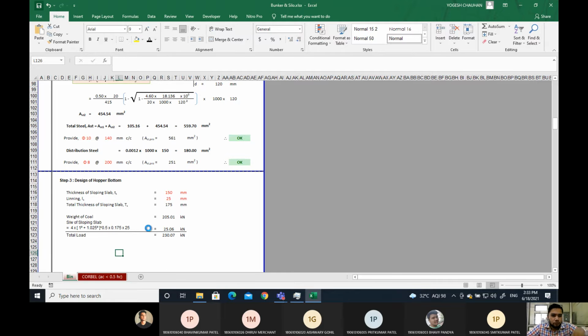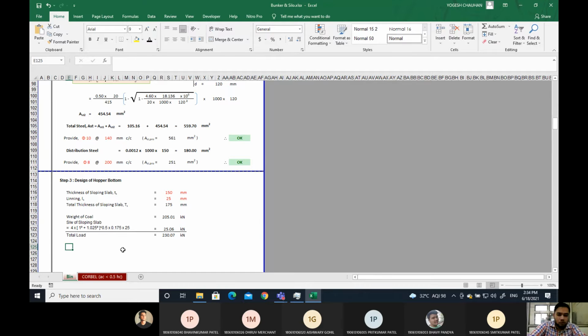So this is how you can calculate that. Now you have the total load. Now this total load is to be divided between the four walls. This is the self weight of the four walls, and this is the total load of the coal. So you divide this between the four walls to get the wall load on each wall.